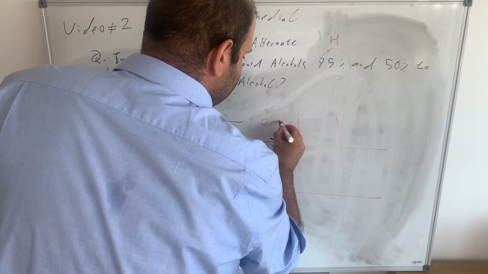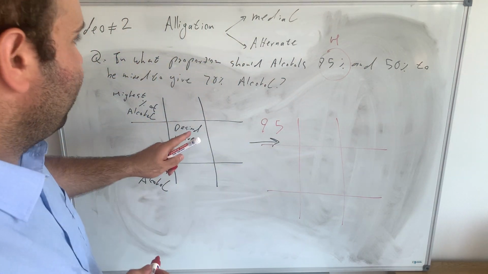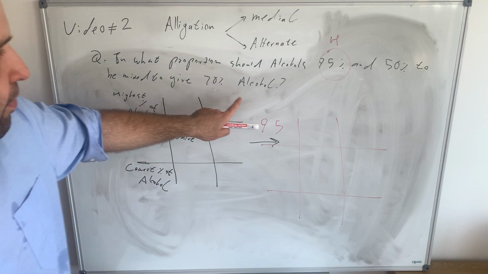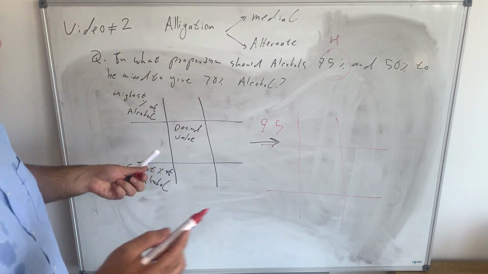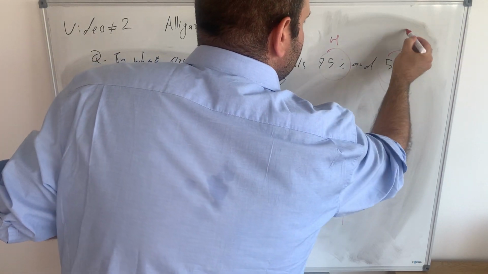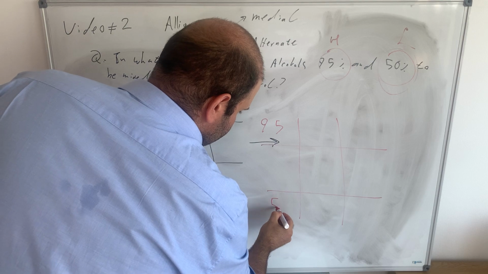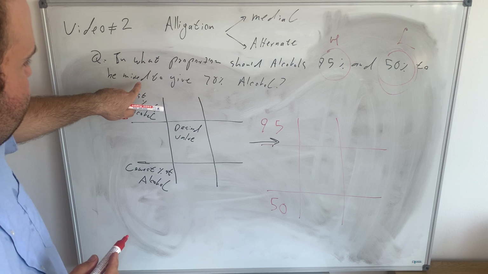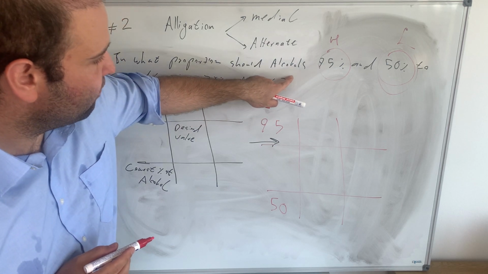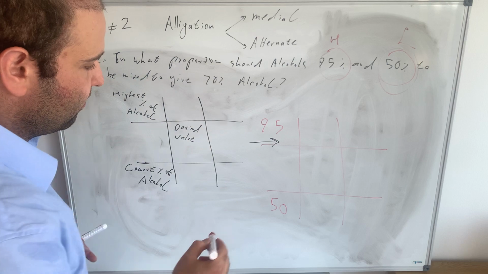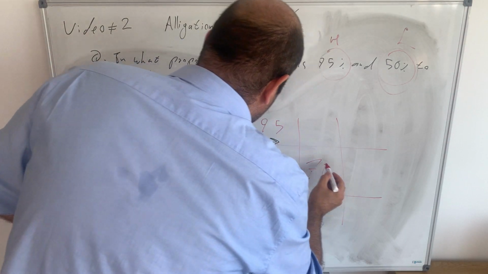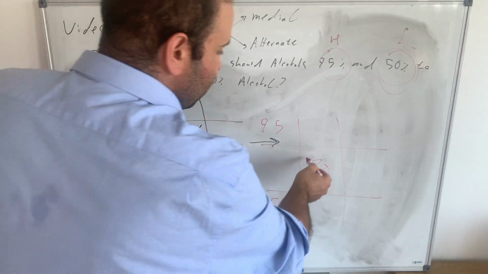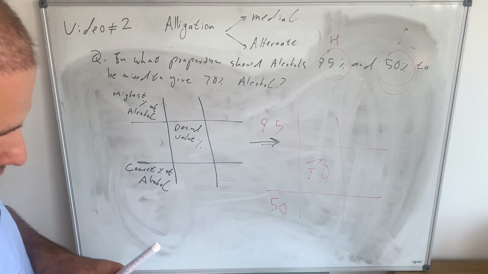You put 95 here. Then you put the lowest percentage of alcohol. What is the lowest percentage, 50 or 70? It's 50. You put 50% here. The value that you're looking for is 70%, your desired value, which you put in the middle window. Okay, this is the first step.